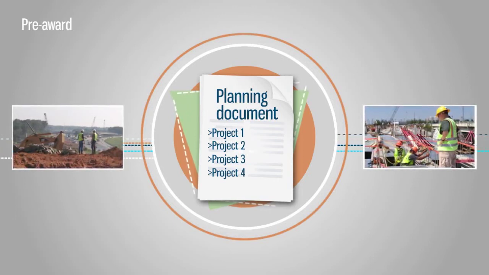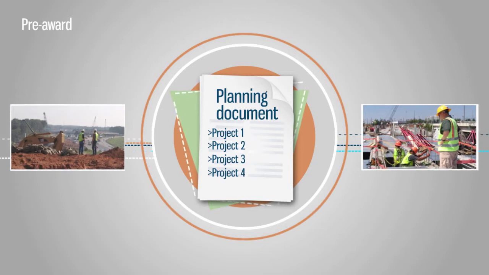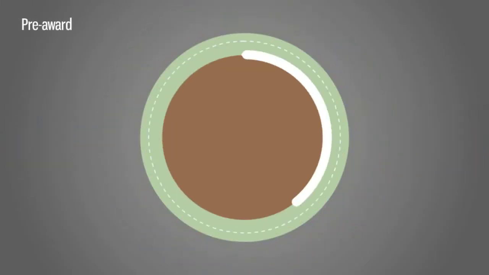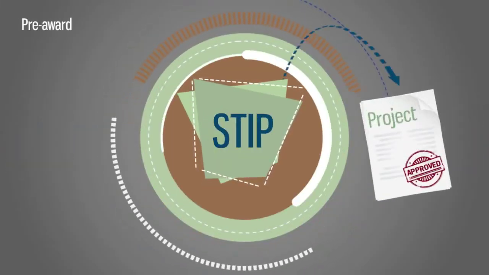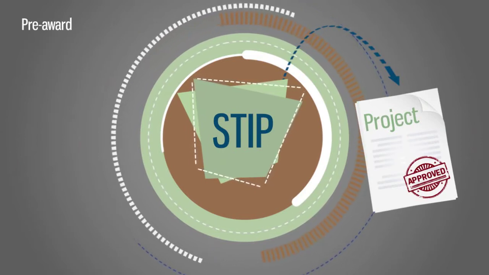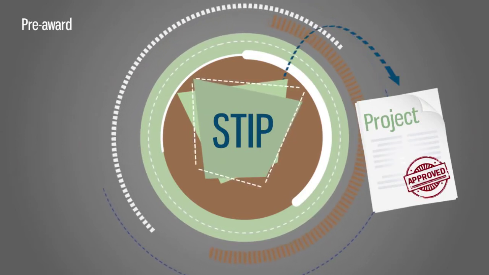The STIP must include an assurance that the state will comply with all applicable federal statutes and regulations. Only projects in an approved STIP are eligible for funds administered by FHWA, and FHWA must approve any amendments to the STIP proposed by the state.